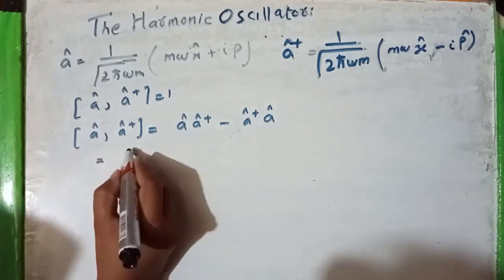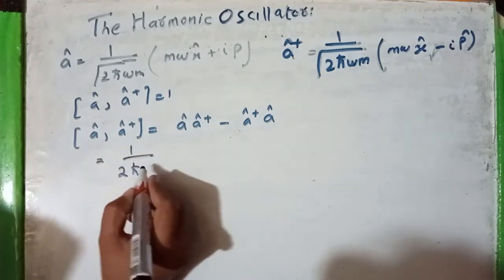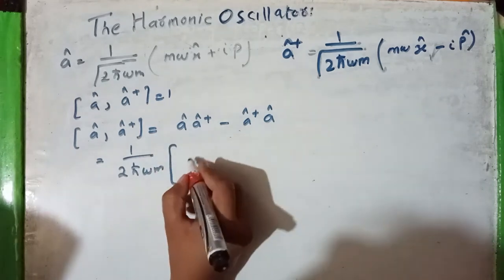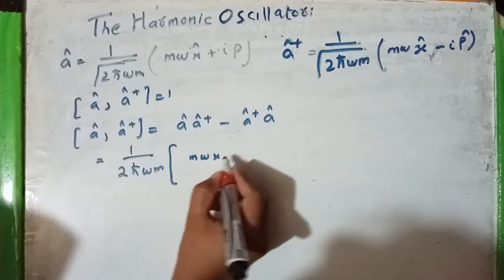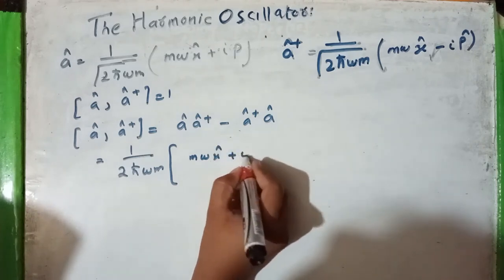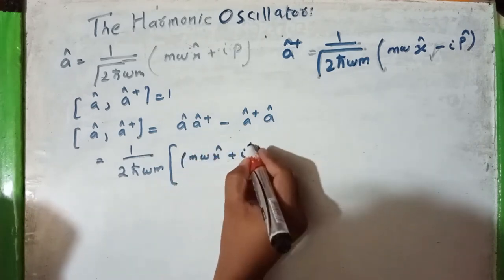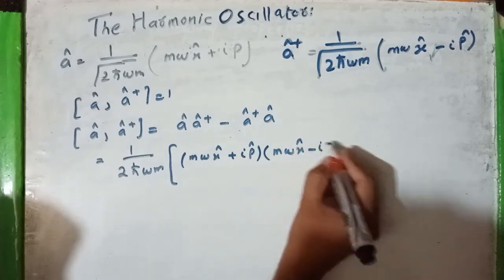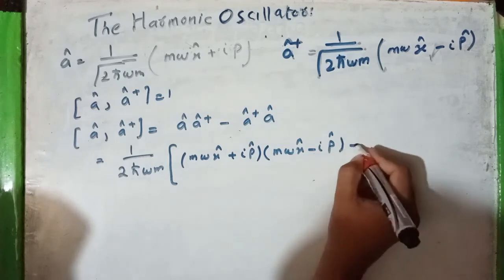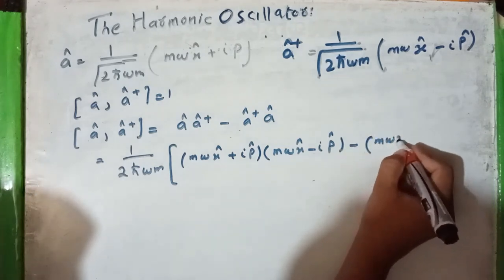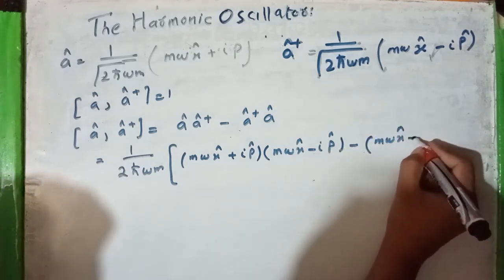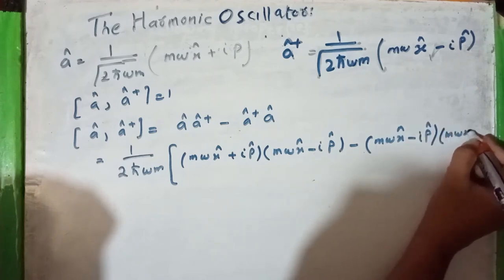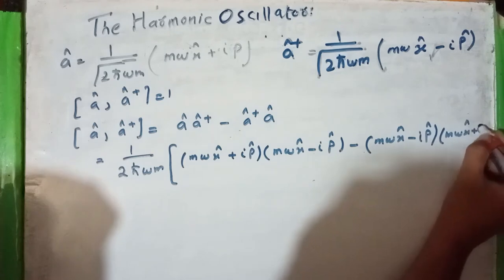So this becomes 1 over 2 h-bar omega m multiplied by (m omega x plus i p) multiplied by (m omega x minus i p) minus (m omega x minus i p) multiplied by (m omega x plus i p).